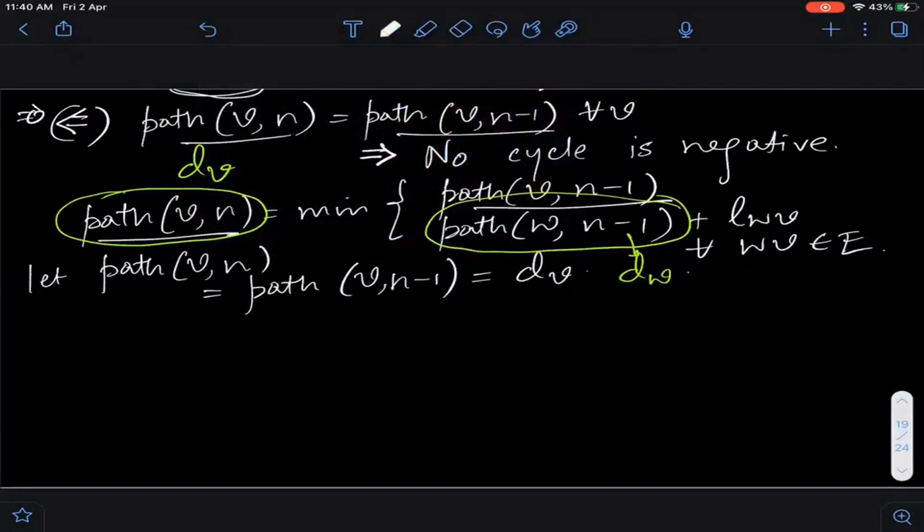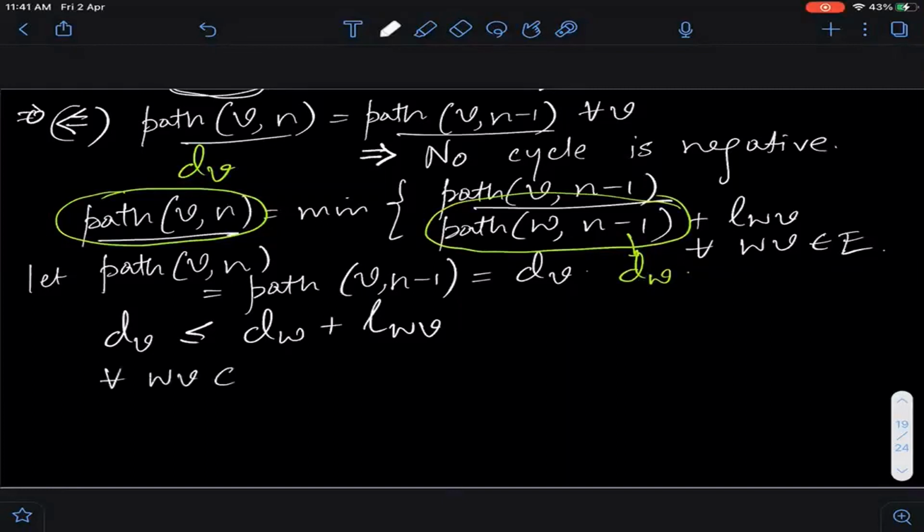The fact is कि dv is less than or equal to dw plus lwv, for all wv belongs to E. Why could I write this? Why is this true?